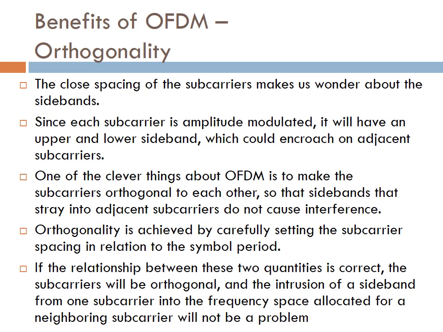Orthogonality is achieved by carefully setting the subcarrier spacing in relation to the symbol period. If the relationship between these two quantities is correct, the subcarriers will be orthogonal, and the intrusion of a sideband from one subcarrier into the frequency space allocated for a neighboring subcarrier will not be a problem.